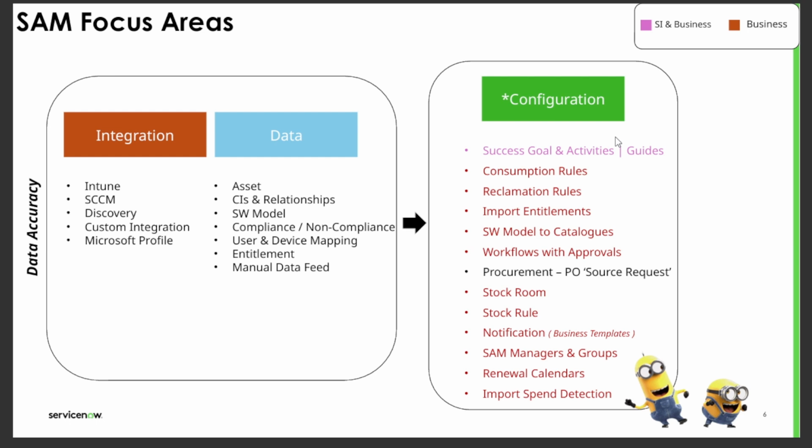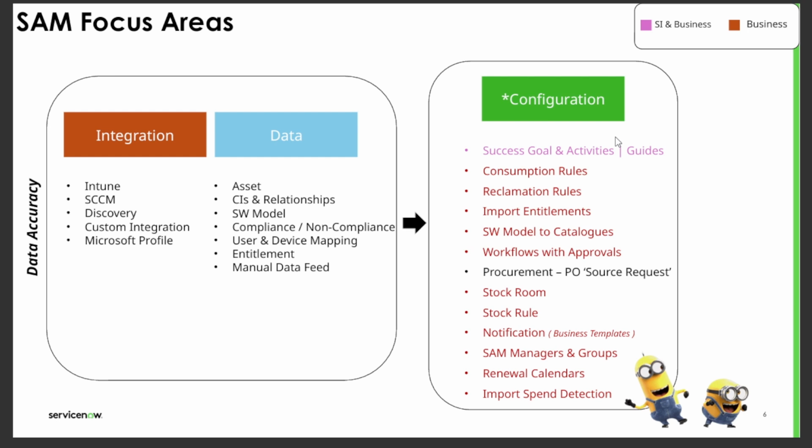For any reason, if you have any problem, check the SAM scheduled jobs and try to understand what the problem is in the business instance. It's a quick bite for you. You can try in your personal instance or your business instance. You can understand more from the scheduled jobs point of view.